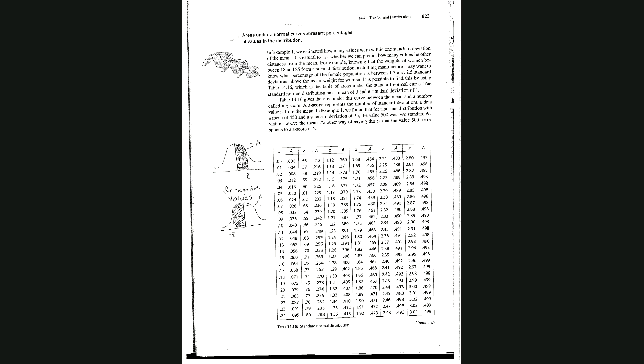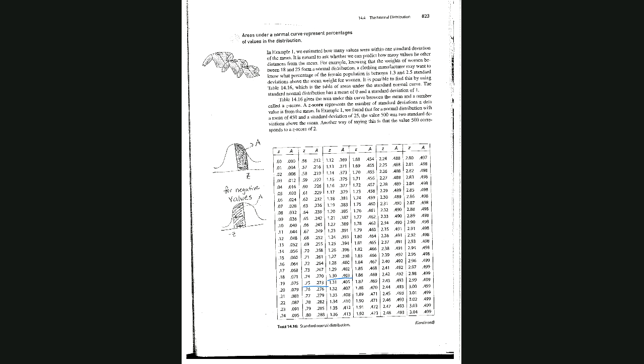So 1.3 and 0.75. Let's go back to the normal distribution table. .75 here is 0.273, and 1.3 will be 1.30.